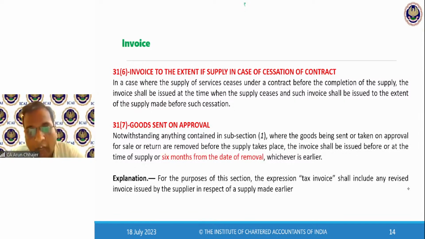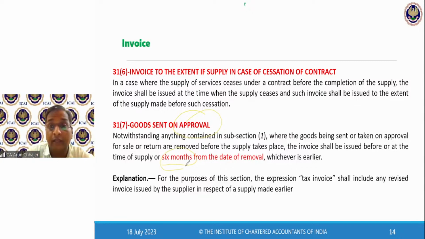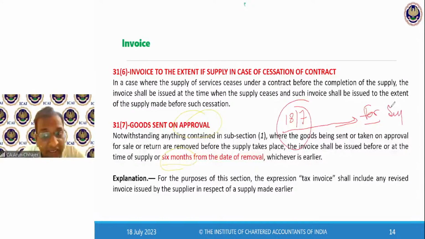Goods sent on approval. What is the time limit for goods sent on approval? The time limit is 6 months. What do I want to say? See, suppose on 18th July I am removing the goods for supply. If the removal is for supply, what is the last date to issue the tax invoice? And it reaches the customer on 19th July.